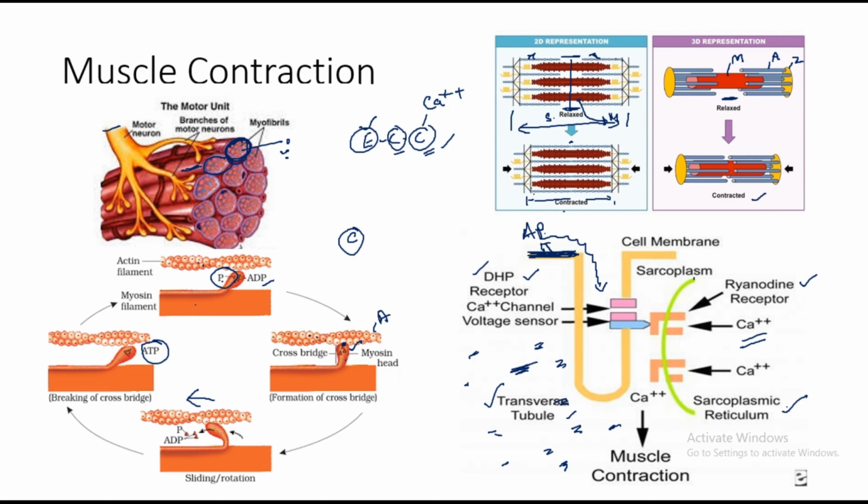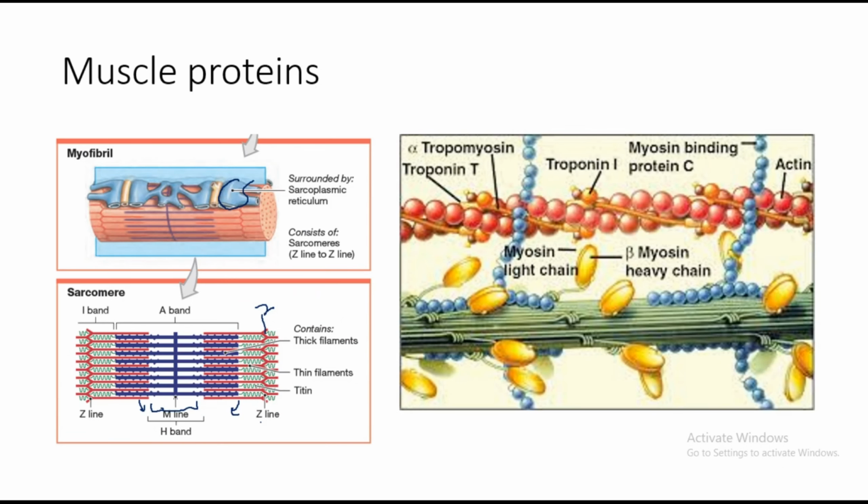Troponin C facilitates the conformational change of this thin thread, which is covered with the active sites of actin.